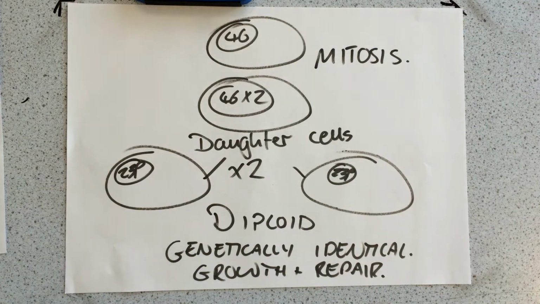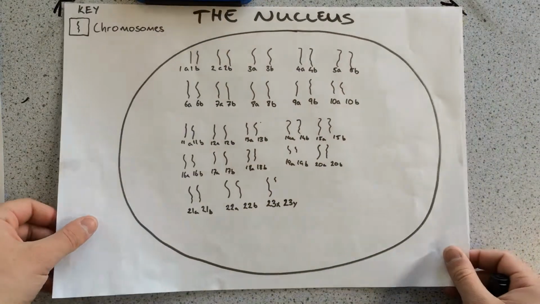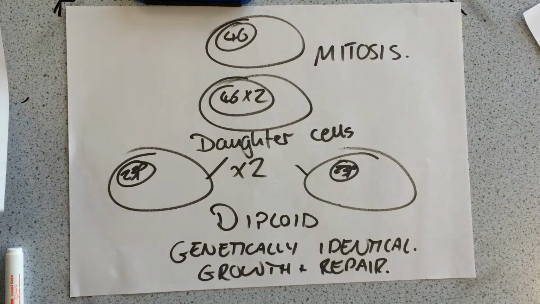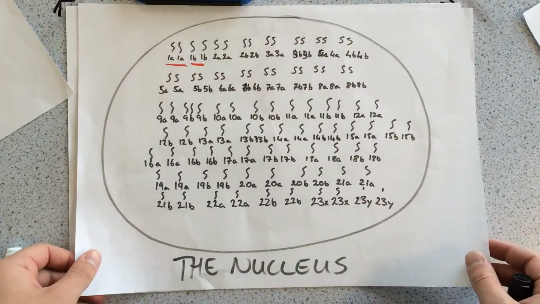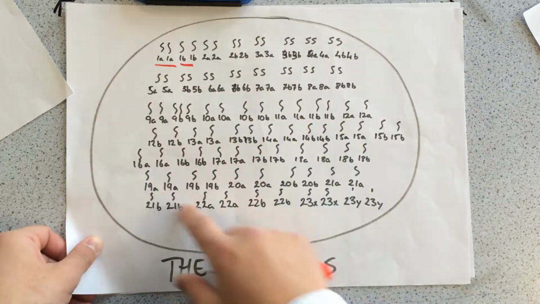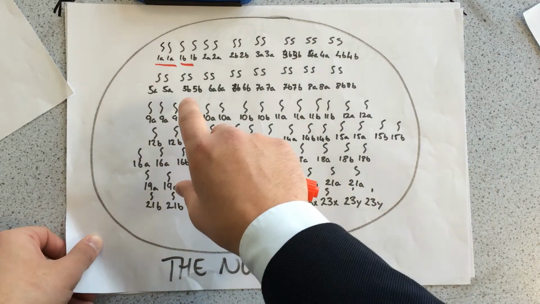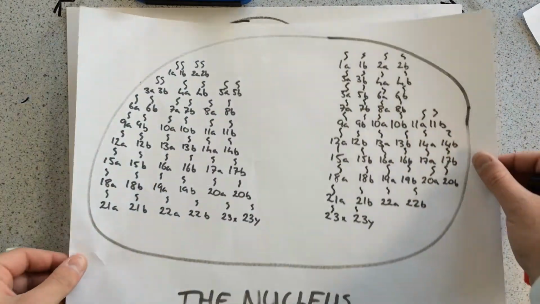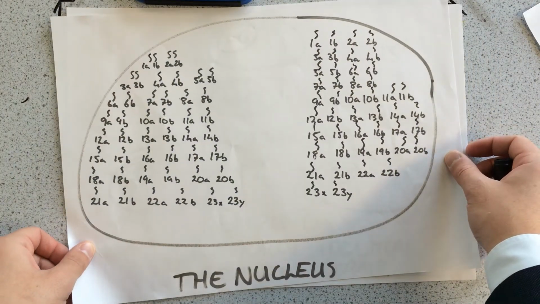So, as a little recap, in mitosis, I start off with 46 chromosomes arranged in 23 pairs. My chromosomes have to duplicate. So I end up with 46 times 2 chromosomes inside a big nucleus. For this nucleus to split, each of my chromosomes are going to move either to the left or to the right.